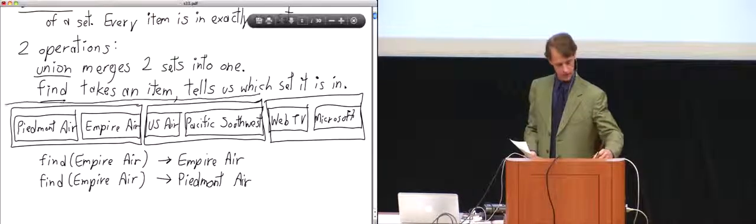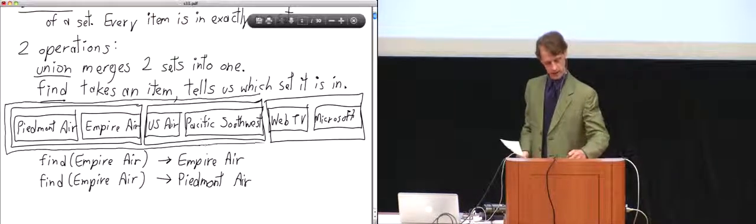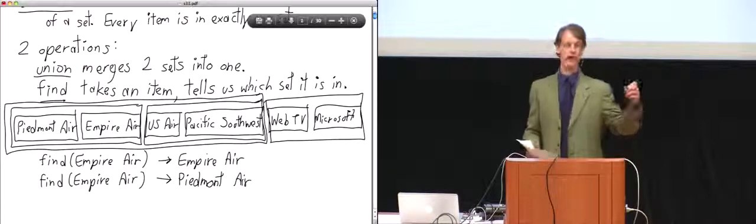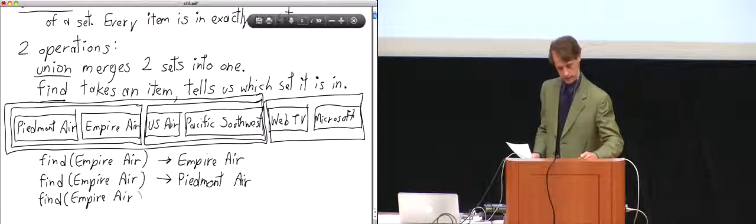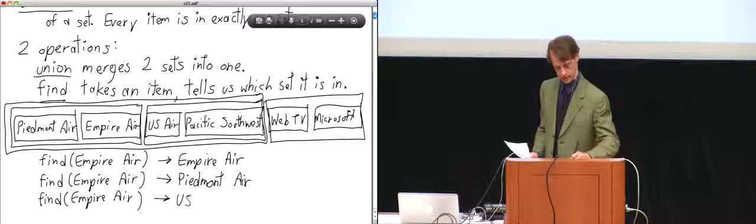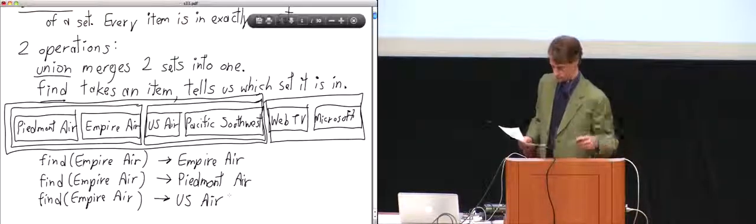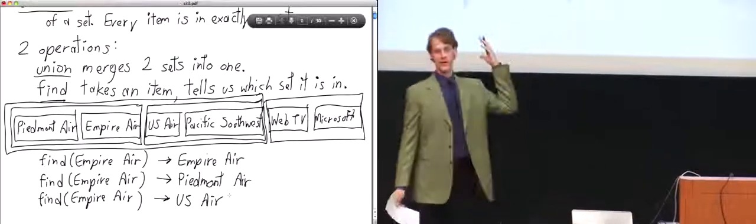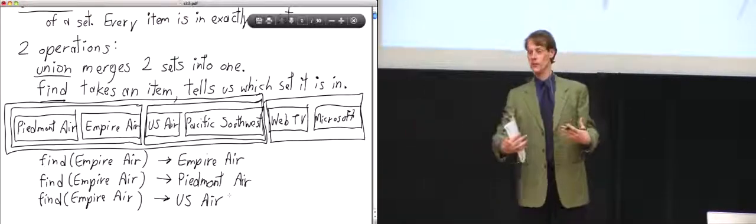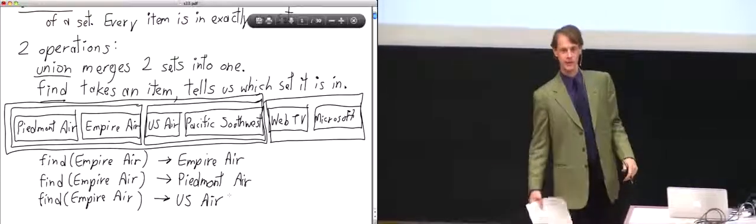And so these four companies all got merged into one big company called US Air. So today, if you do find Empire Air, well, it's still there in US Air. And when Microsoft takes over US Air, everything will be in one corporation and no further mergers will be possible.